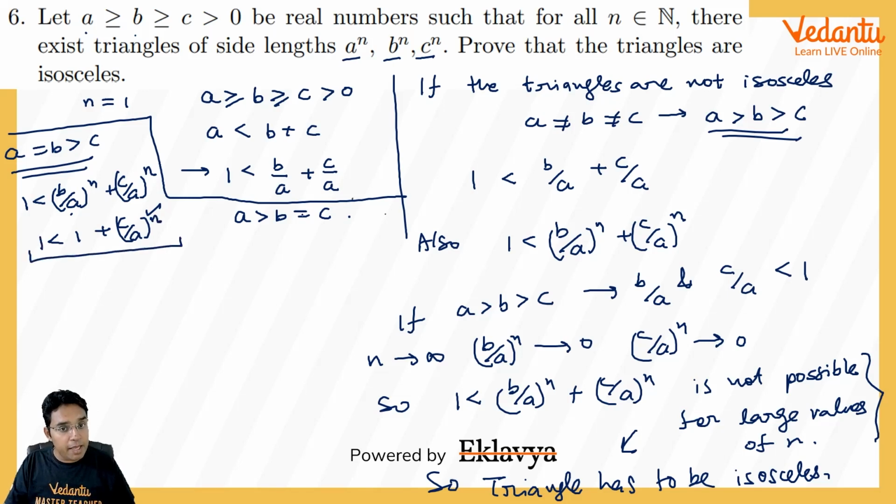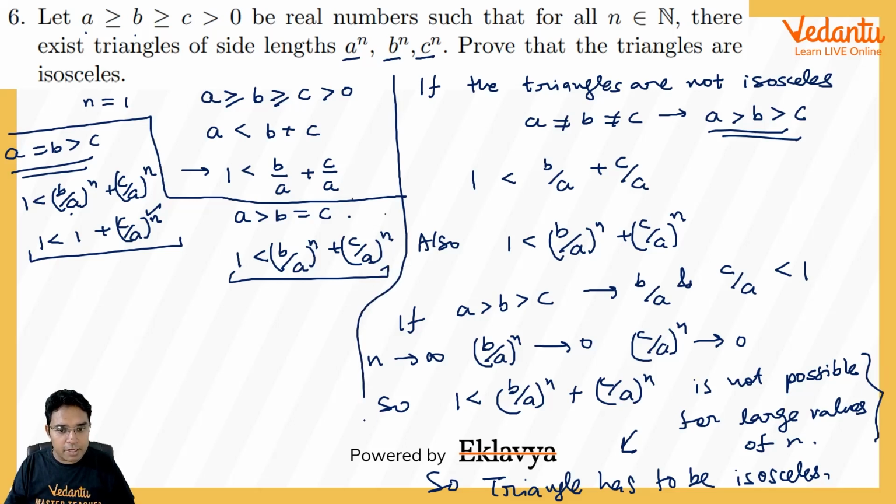But if you take A greater than B equal to C, then once again we have 1 less than (B by A) power n, which is less than 1 because A is the bigger number, and similarly (C by A) power n. This will not be true after a certain value of n.